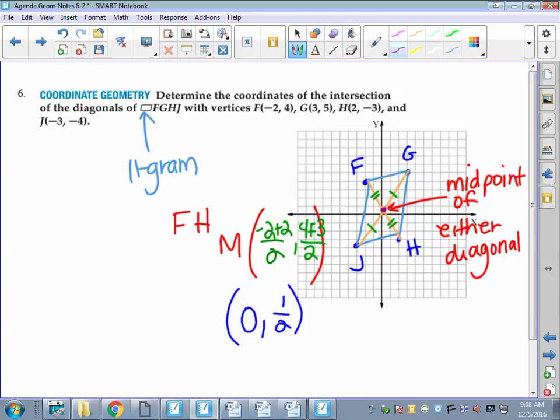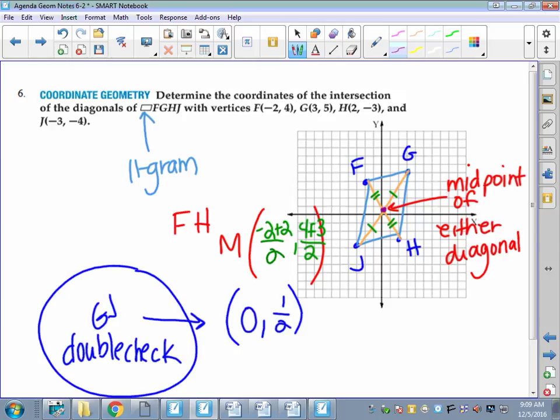Over 0, up 1/2. How did your drawing do? Were you pretty close? If I found the midpoint of GJ, it would come out to the same thing. So there's kind of a built-in double check. If you wanted to make sure, you could double check by finding both midpoints and making sure that you get the same ordered pair for the midpoint of each.